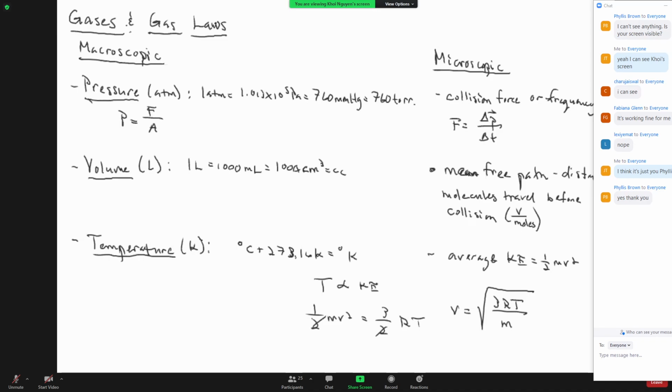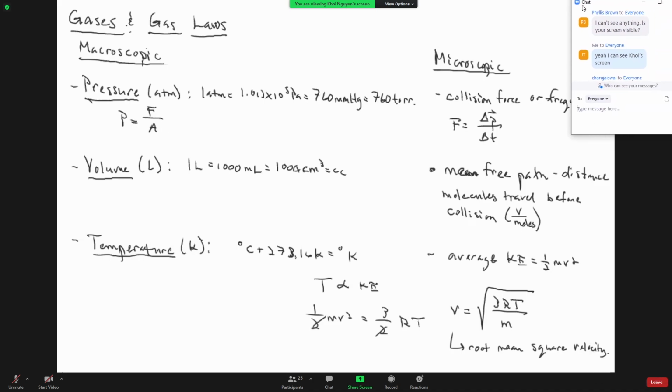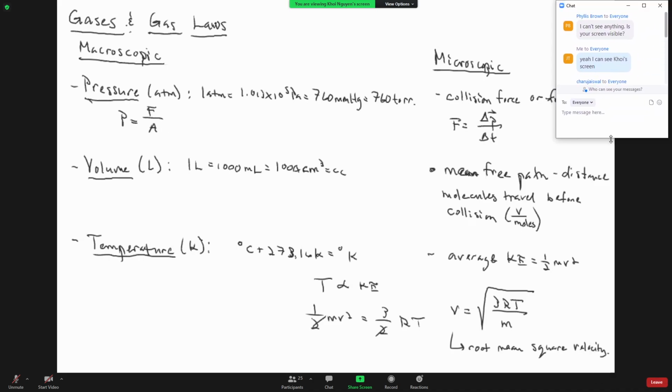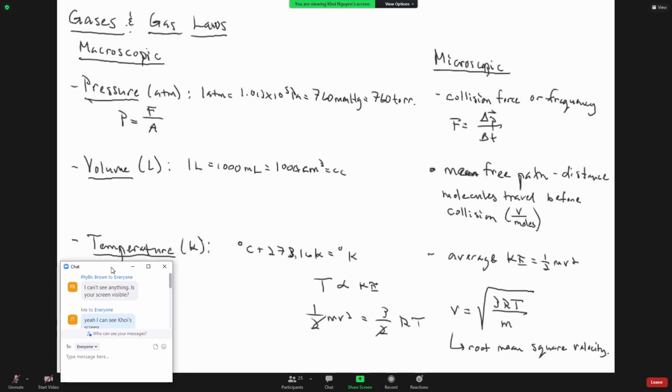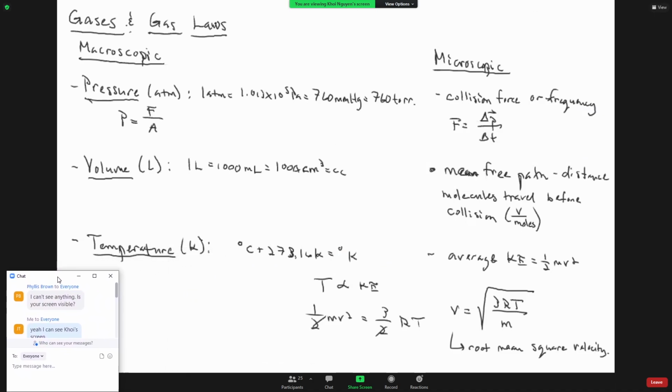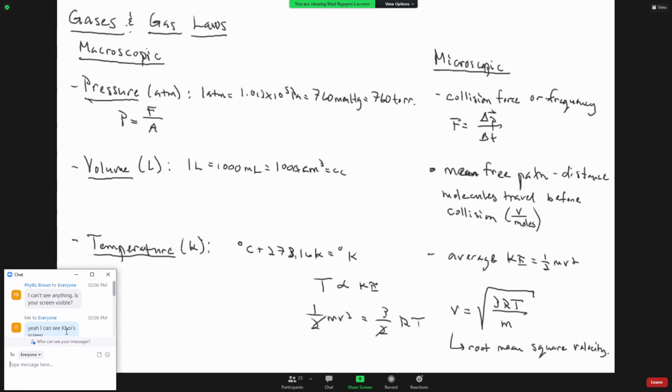This is commonly referred to as the root mean square velocity. Root mean square just means the average velocity of those molecules that are traveling due to the temperature of the gases. And this is the microscopic level of what's occurring for every gas molecule.